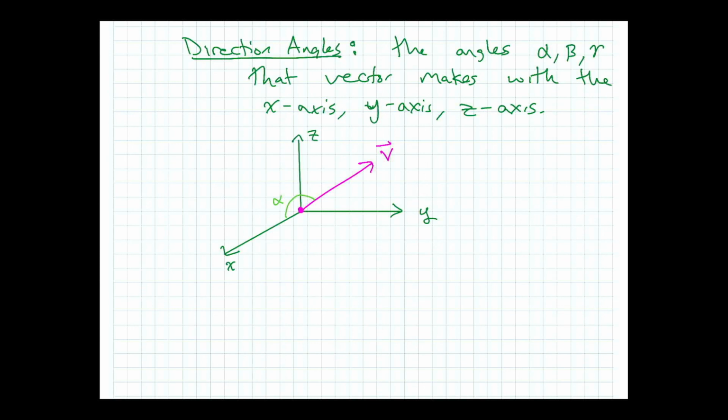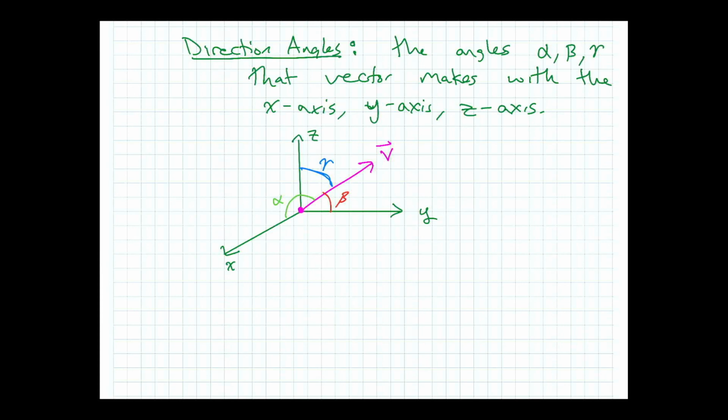You could also measure an angle from v to the y-axis, and that would be what they call beta. And then you could also measure an angle from v to the z-axis, and that would be gamma. Those three angles are what they call the direction angles.